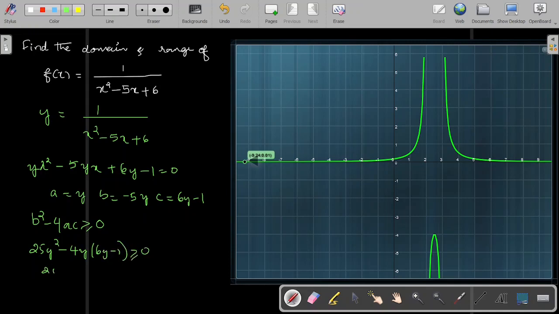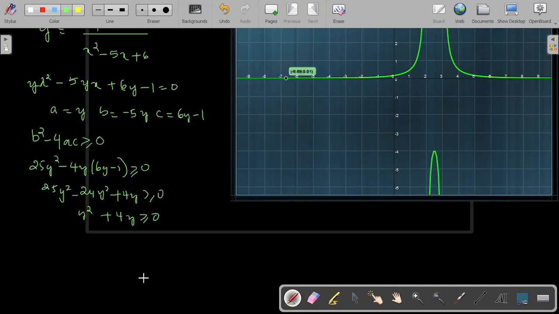So, 25y² - 24y² + 4y ≥ 0. This 25 minus 24 gives y² + 4y ≥ 0. Taking y common, y(y + 4) ≥ 0.